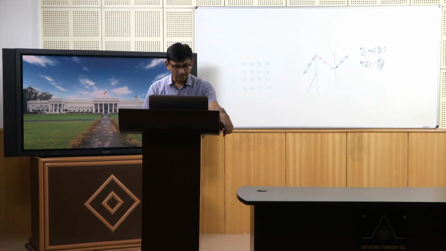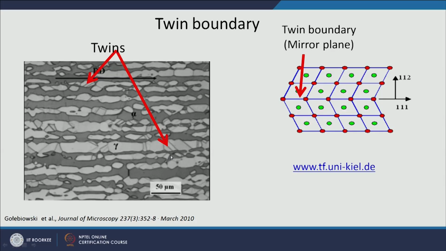If you remember, I showed you this kind of twins earlier also in the same micrograph. You can see that these two twins are coming in pair. There are other locations also where the twins are coming in pairs. For example, here they are coming in pair. And you can also see that they are not going beyond their particular grain.